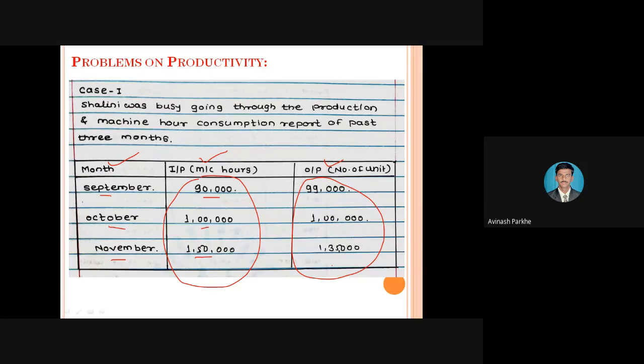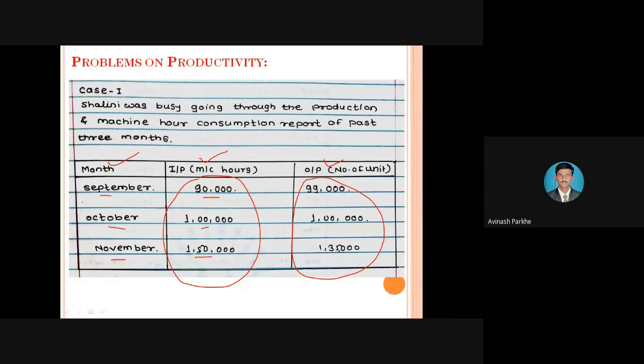This is the output. Here the input increases, and accordingly for the respective month the output also increases. For example, in September the input is 90,000 only, output is 99,000. In October, input 1 lakh, output is also 1 lakh. That means there is no increase in productivity.